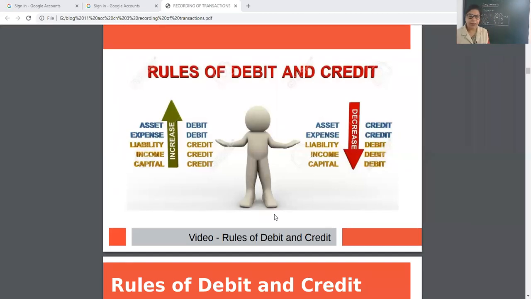Rules of debit and credit. If you can understand it this way: asset, expenses, increase will be debit, and decrease will be credit. In the same way, these rules apply to liability, income and capital, but reversed: if they decrease, then debit; if they increase, then credit.